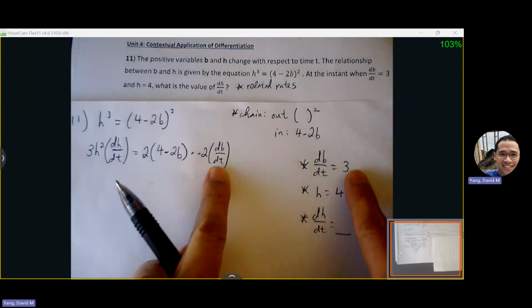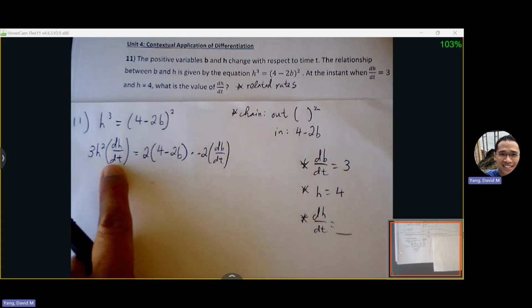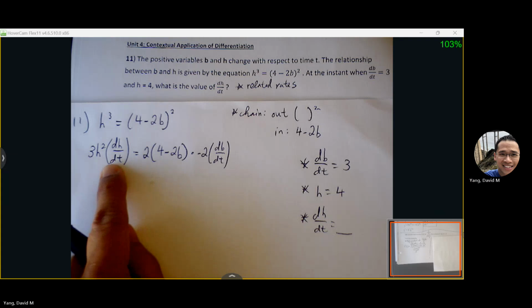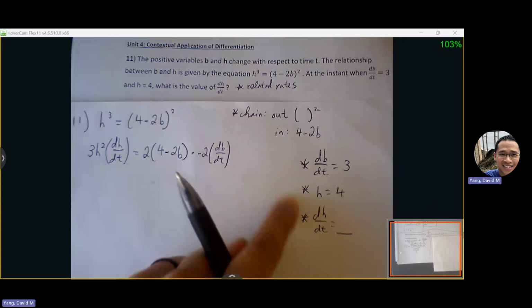So if I can replace dB/dt with 3, I can replace H with 4. I'm solving for dH/dt, but there's still something sticking out that we have to find. B, yeah, because they don't give B to us.